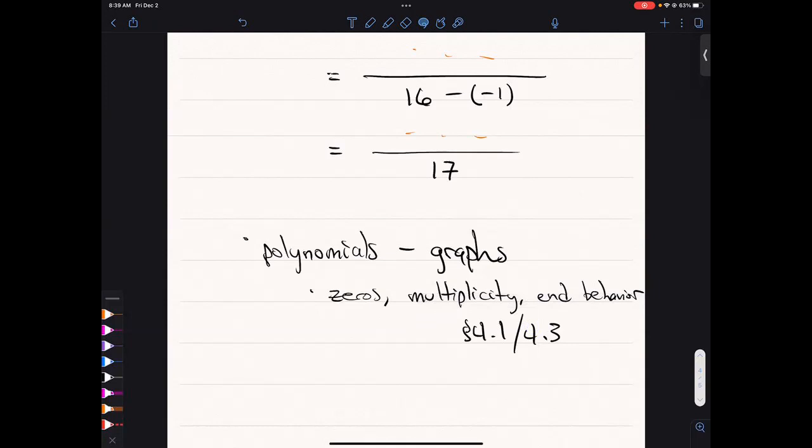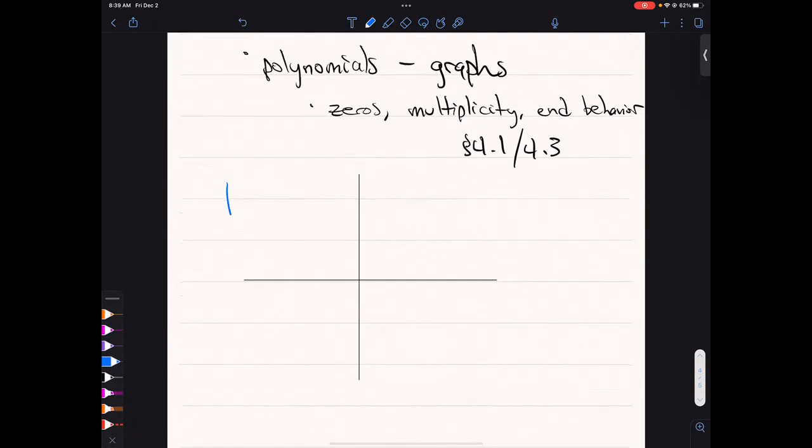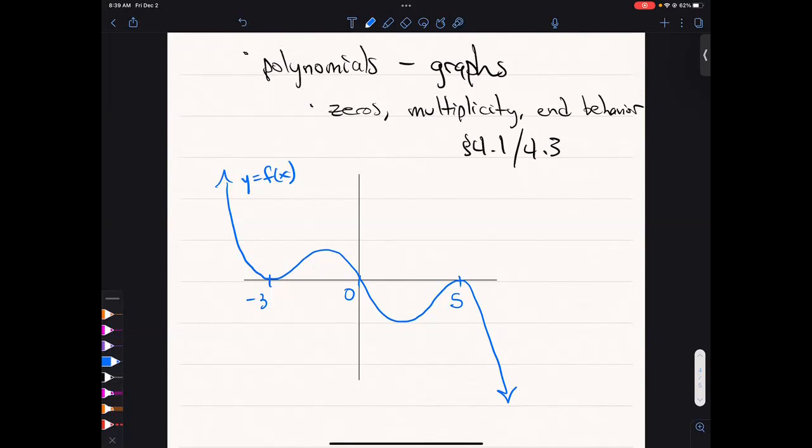So given a graph of a thing, say like that. How many zeros does it have? 3.